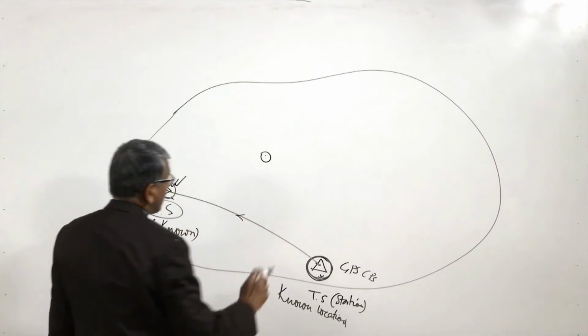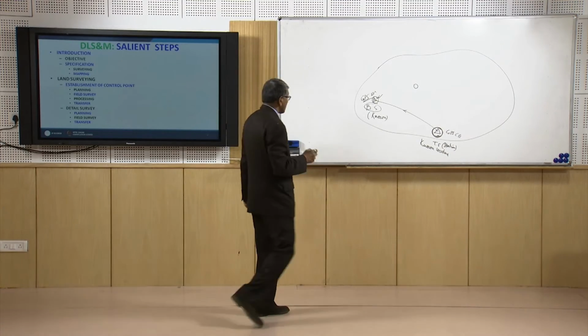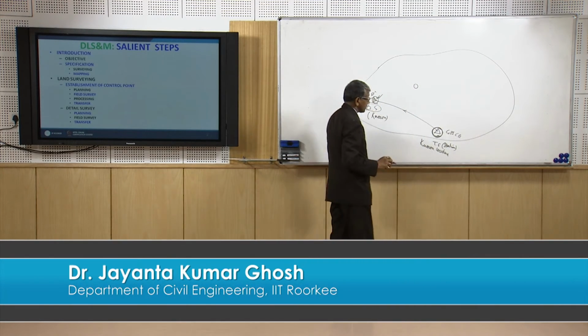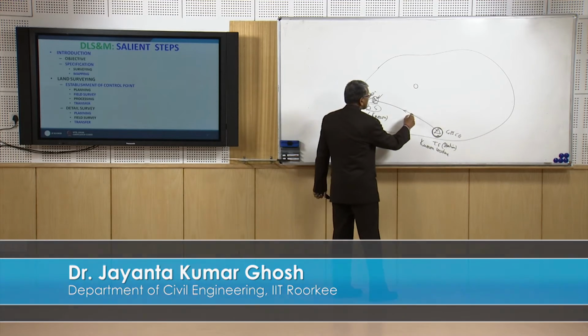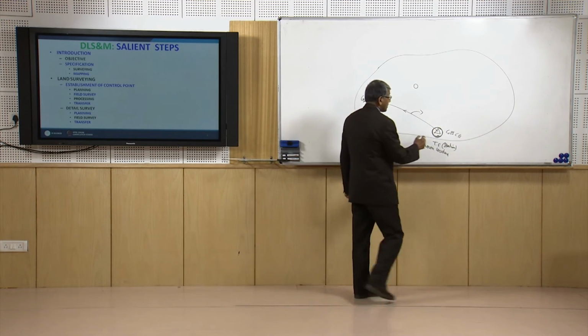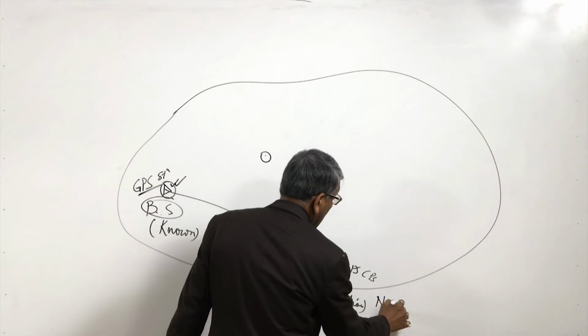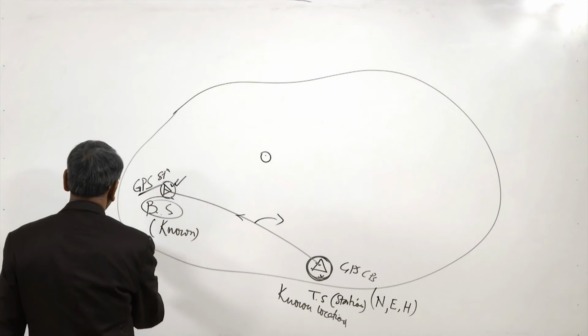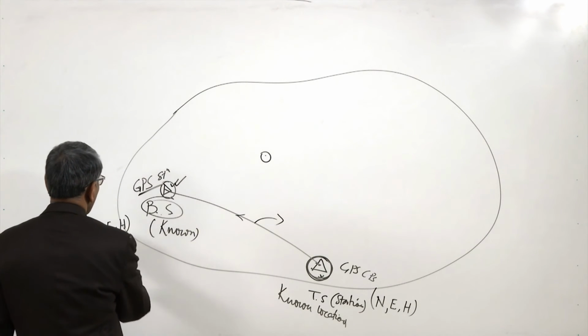Now in doing that, the azimuth of this line can also be determined, because we would like to give the coordinates in the northing, easting, height coordinate system.